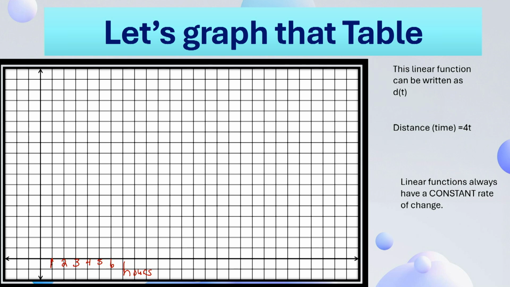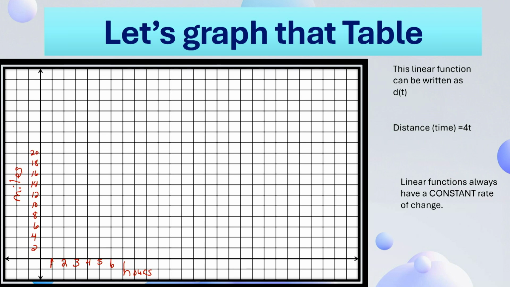Then we're going to label our y-axis, which is going to be our miles. I'm going to have my miles on my y-axis, and I'm going to label them by twos: 2, 4, 6, 8, 10, 12, 14, 16, 18, 20.